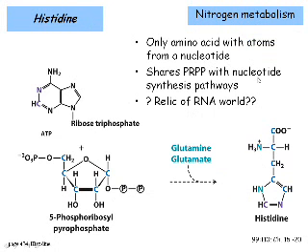Histidine is a kind of a cool amino acid. Histidine is the only amino acid that gets nitrogen atoms from a nucleotide. So that's fairly different. Here we have a ribosyl pyrophosphate. We're going to see more of it later, but it's phosphoribosyl pyrophosphate. Here is ATP, and additional contributions come in from glutamate and glutamine.